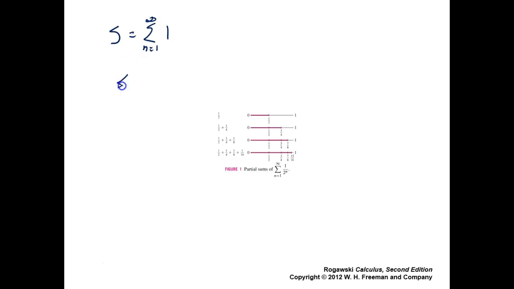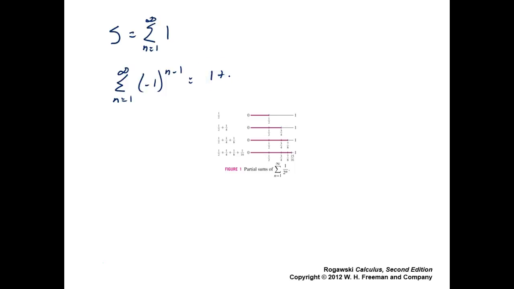The summation from n equal 1 to infinity of negative 1 raised to the n minus 1 power. Give me a few terms of that. When n is equal to 1, what do you have? 1, exactly.